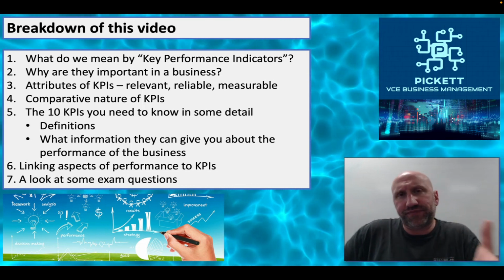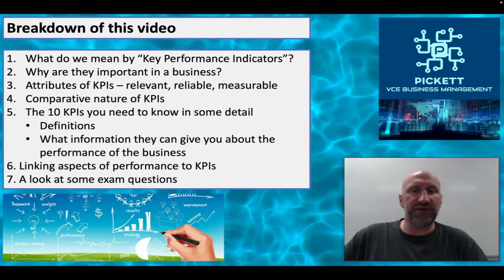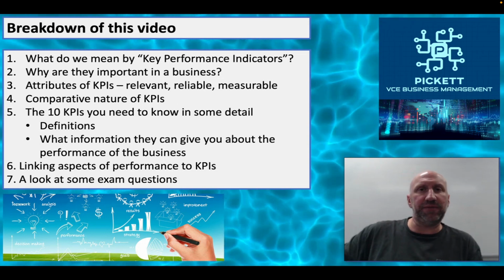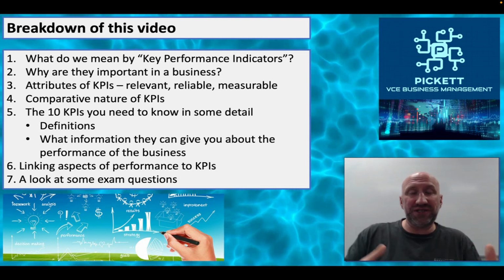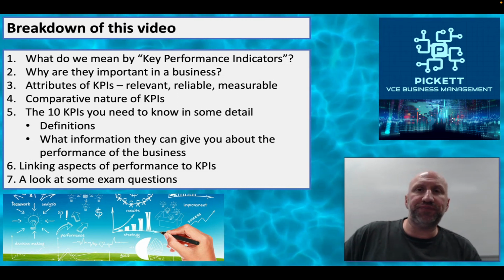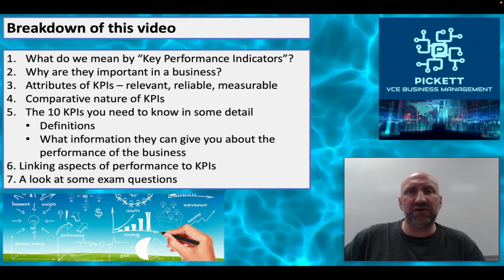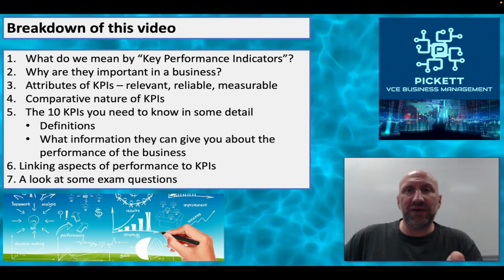And some information about what these KPIs can give you about the performance of the business, so we understand what that KPI is all about. Linking aspects of performance to KPIs, and then I'm going to look at some exam questions, because in covering this key knowledge dot point, we see a different type of exam question than we've ever seen before.